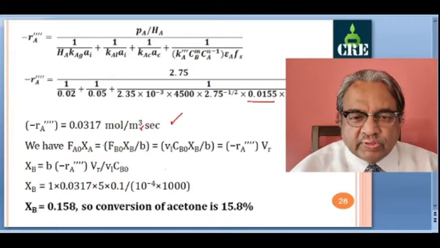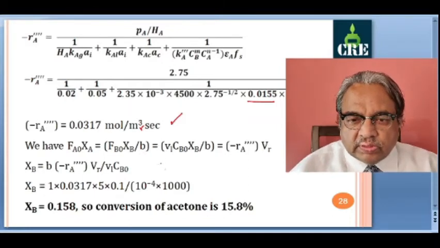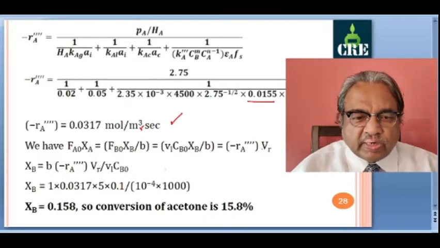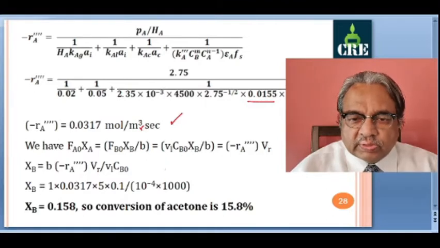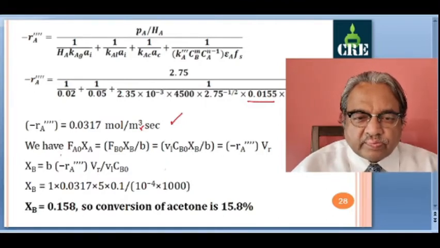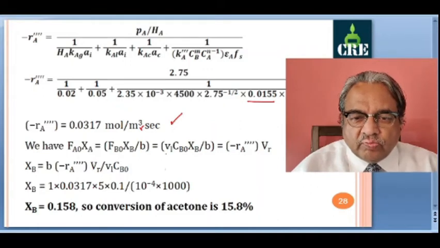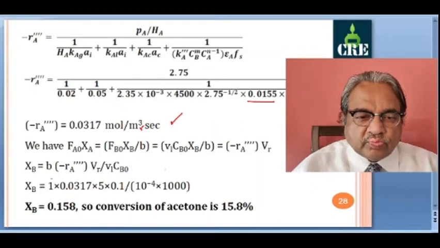So we know Fa0 xa is Fb0 xb by small b, which is the stoichiometric coefficient. In this case it is 1. So Fb0 is Vl into Cb0, that multiplied by Xb by b is equal to minus Ra triple prime into Vr. So Xb can be written from this equality: b into minus Ra triple prime into Vr by Vl into Cb0.